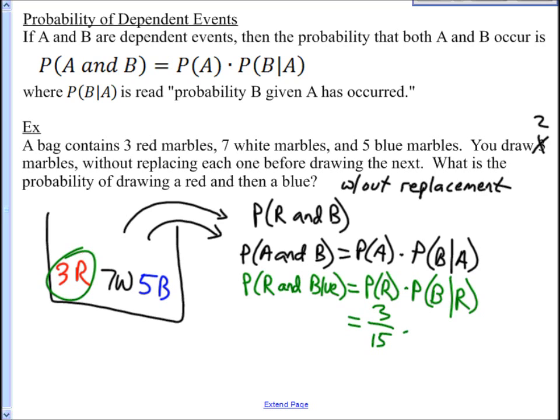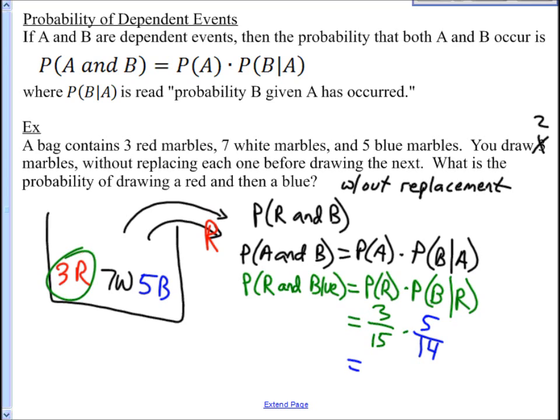Now that we pulled a red out, you notice you're going to have 14 left, aren't you? So what's the probability of pulling a blue given that red occurred? Well, I got 5 blues still in there out of 14, one less because I pulled the red out already.